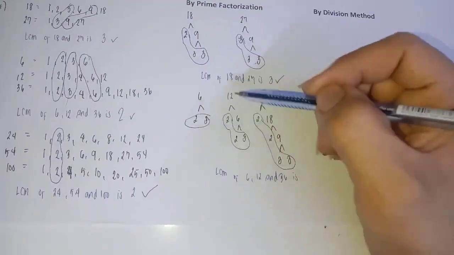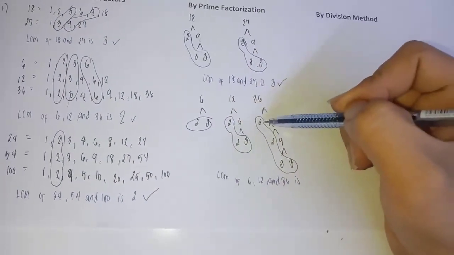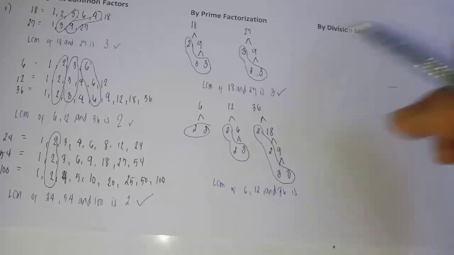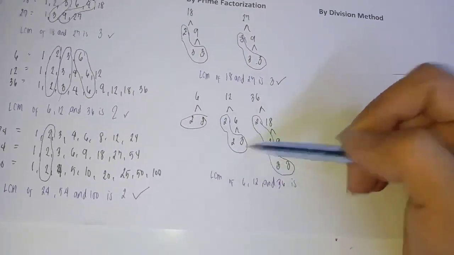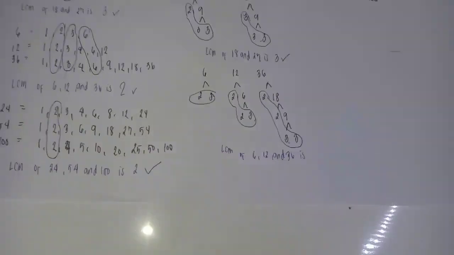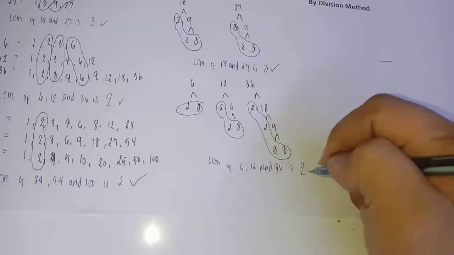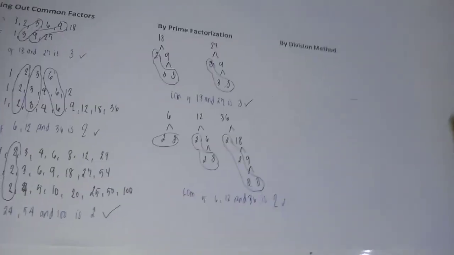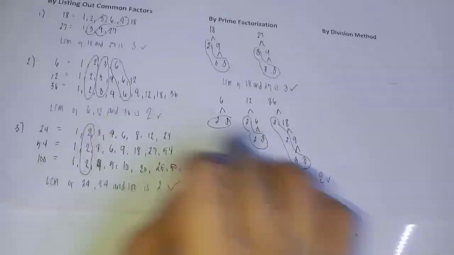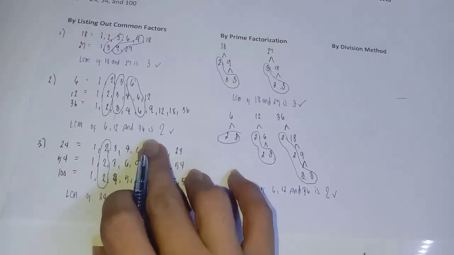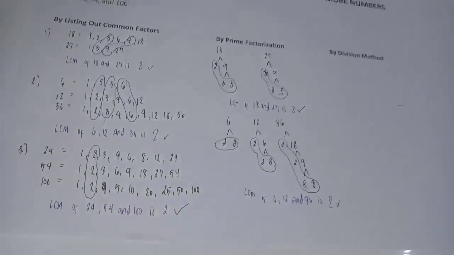So, in the case of 6, meron siyang 2, meron din siyang 2 dito, meron din siyang 2, meron siyang 3, meron siyang 3, meron siyang 3. So, between 2 and 3, which is less, the answer is 2. So, therefore, the least common multiple of 6, 12, and 36 is 2. Okay, which is the same as when we use listing out common factors.